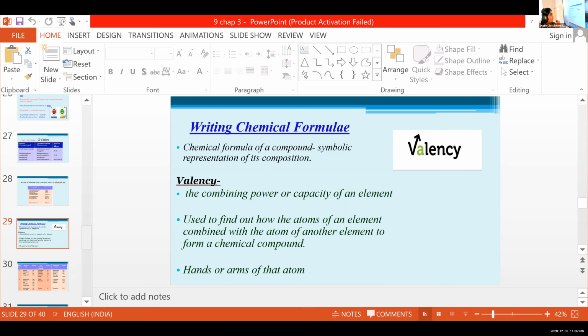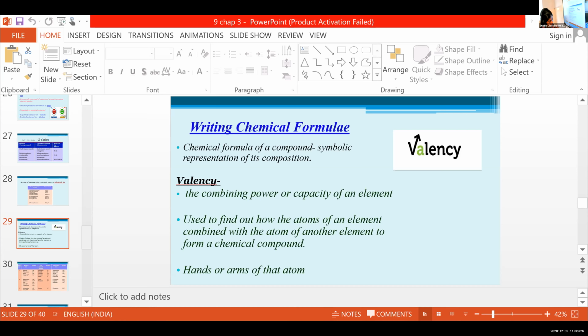The chemical formula of a compound is the symbolic representation of its composition.